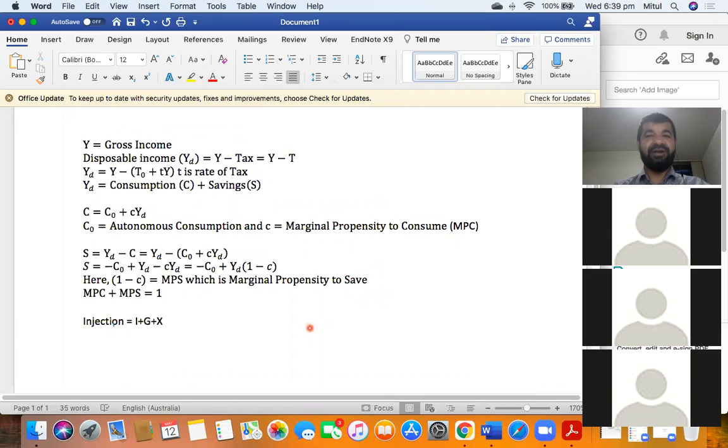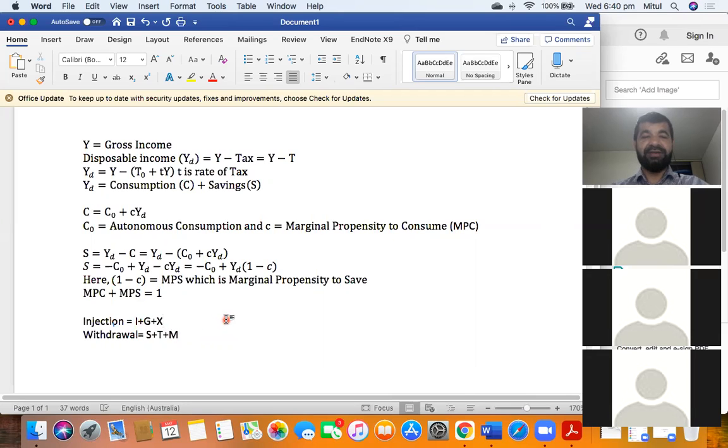Investment plus government expenditure plus X. X means, let's say, exports. And withdrawal is equal to savings plus tax plus imports. So this government expenditure is actually, you can say, government subsidies, okay? Always remember this one.